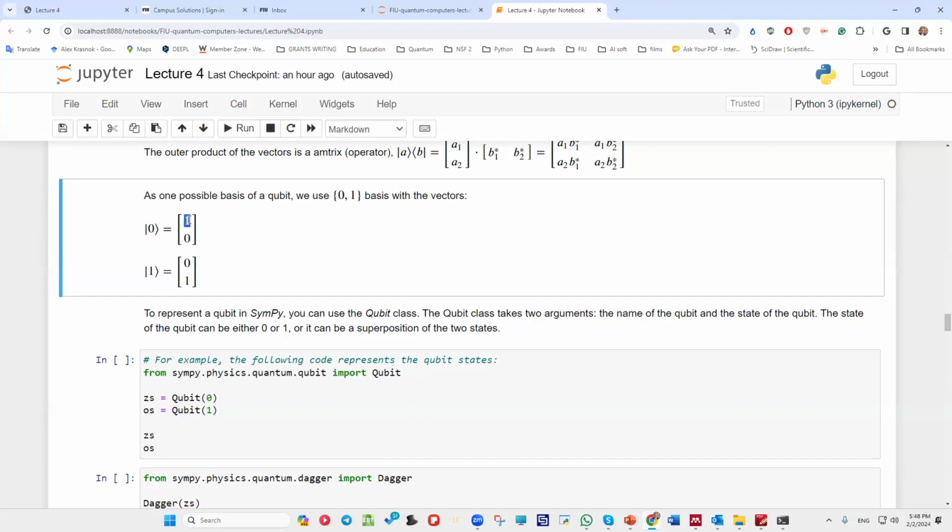Here the electron is in the ground state, and then if we excite the atom, it transits to the state 1, and now the electron is in the excited state.